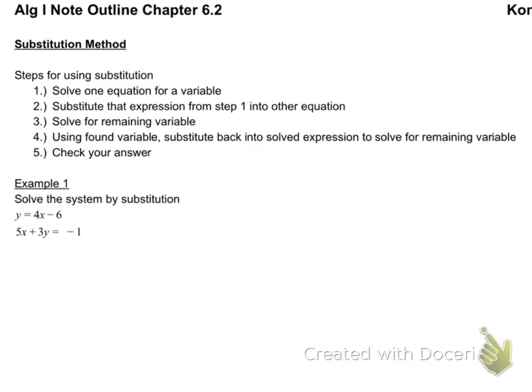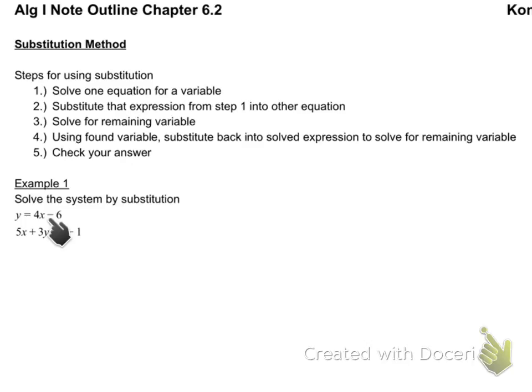I'm like you guys, I'm lazy at times. And I want to do the least amount of work, which means I'm going to try to find the variable that I can solve for the easiest. And if it's already done, I'm using that one. So in this case, y equals 4x minus 6. It's already done.